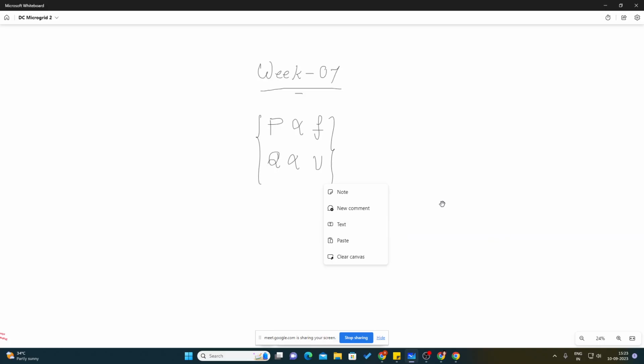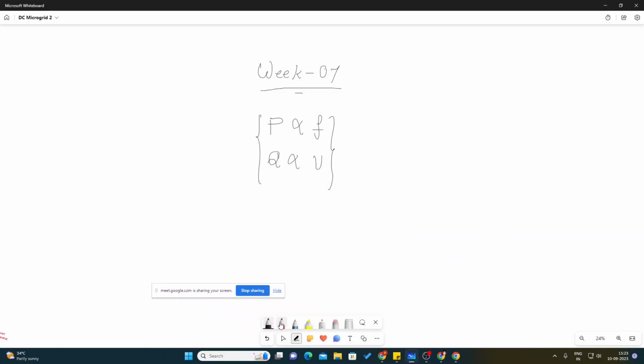So the main thing that we have now are inverters. These inverters can be connected in multiple ways.